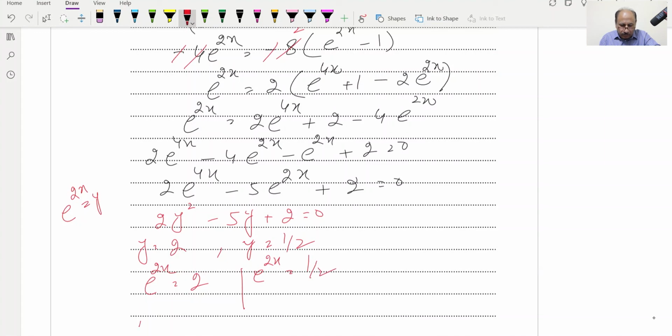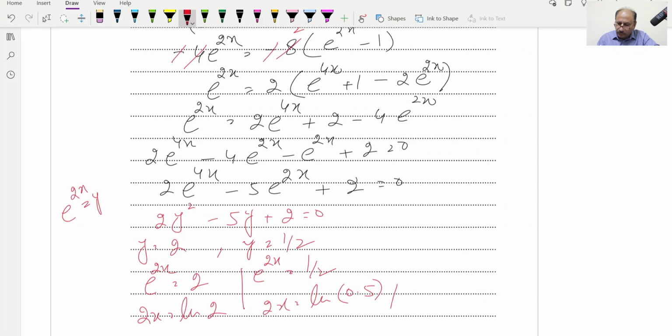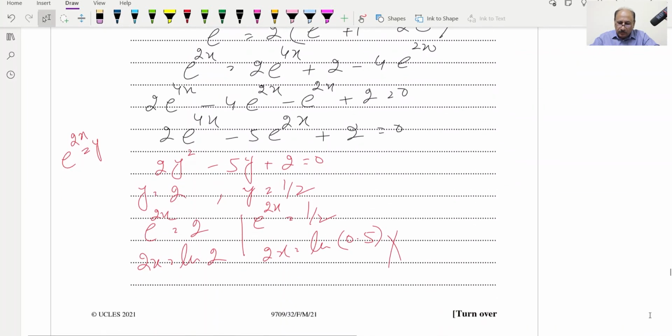So we'll take log. So this will be 2x is equal to log of 2, and this will be 2x is equal to log of 0.5 or 1 by 2, and log of 0.5 is negative, so we'll reject this one.